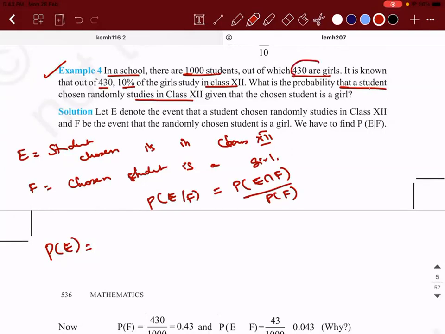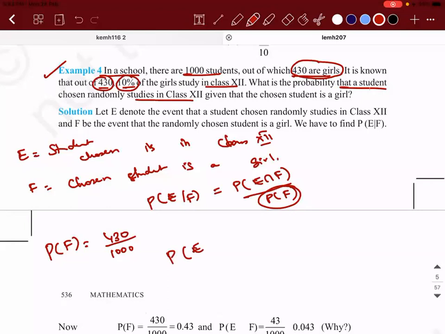So 430 are girls. 10% of 430 study in class 12. So I don't need the probability of E. I need the probability of F here. So what is the probability of F? 430 out of 1000.